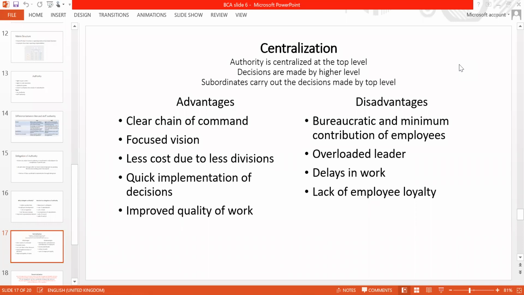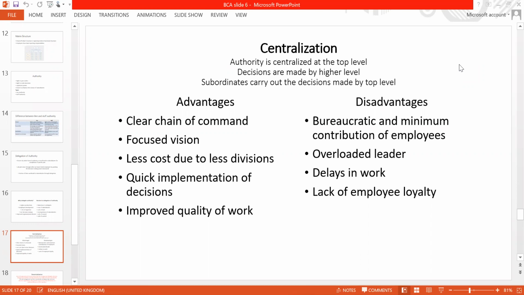For example, if you decentralize a bank, you have to open so many branches, geographic branches like the New Road branch, Baneshwar branch, and it just gets very costly. But if you keep everything centralized and have fewer divisions, then you will have less cost.